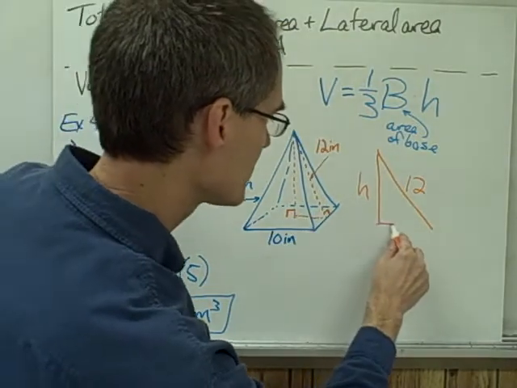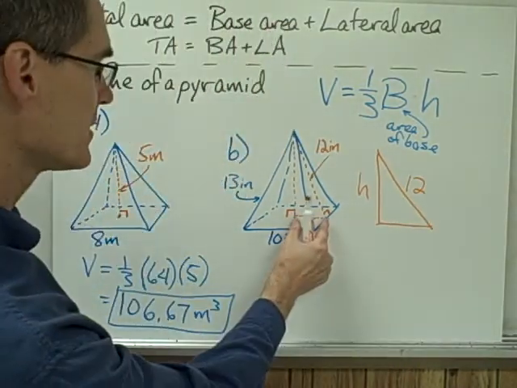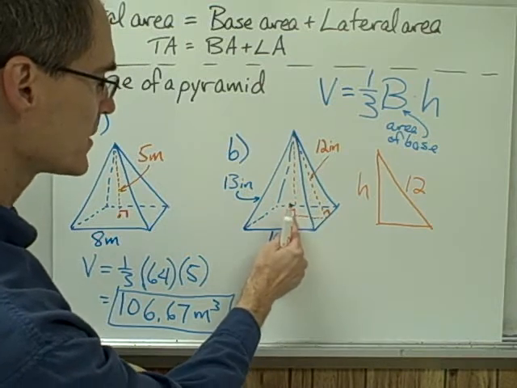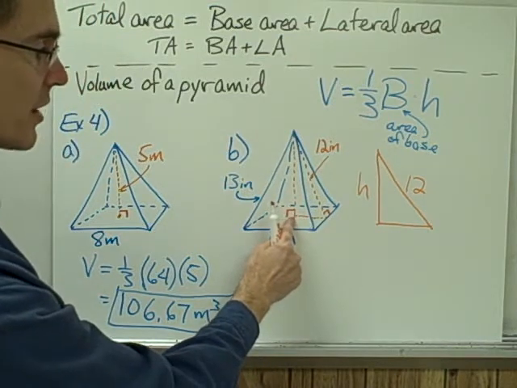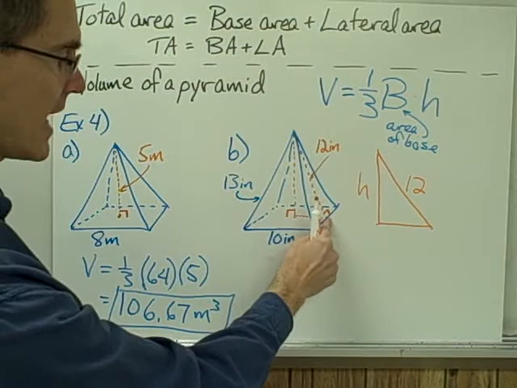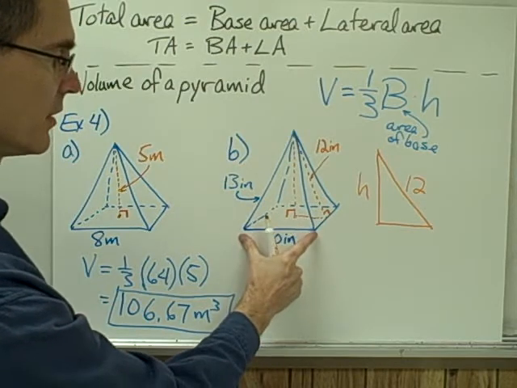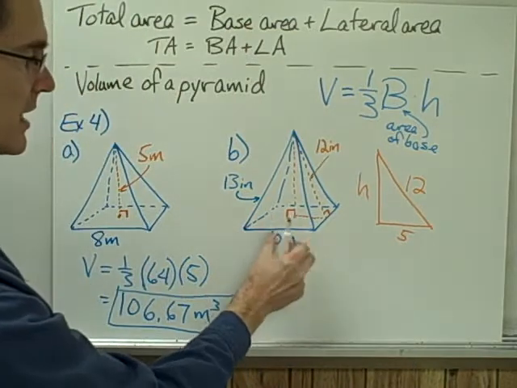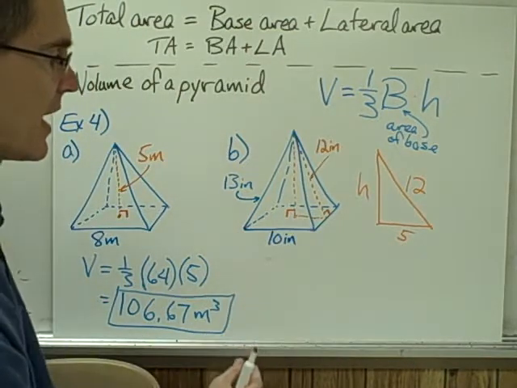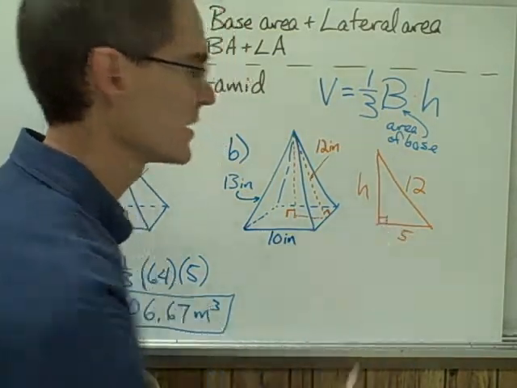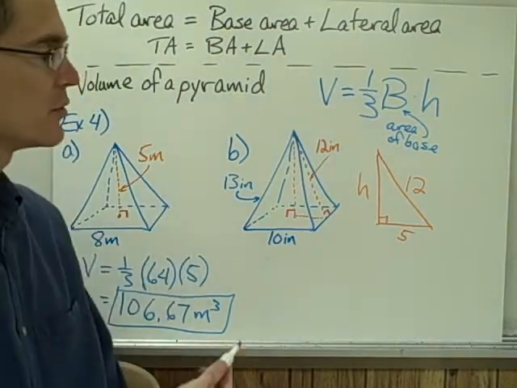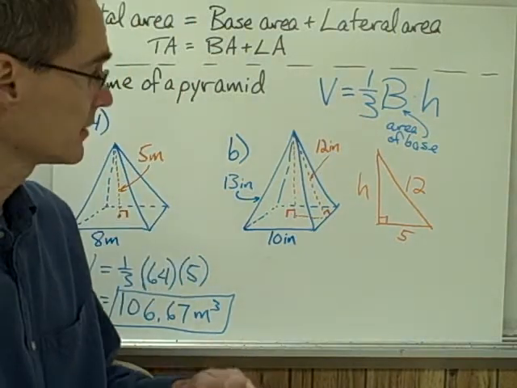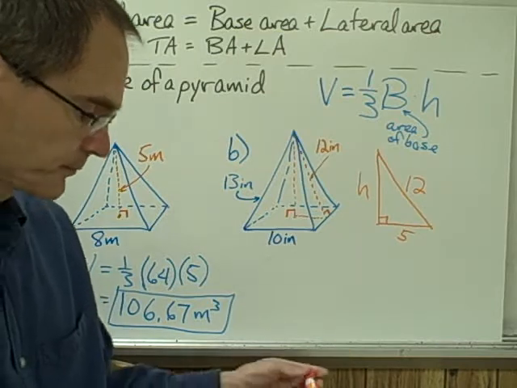And the other side of my triangle is going to be this distance here. Well, this distance here is just the distance from the center of my base to the edge. That's going to be half of this whole edge length. So since that whole edge length is 10, I know that half of that distance is going to be 5. Well, once again, I have a right triangle, and I can use my Pythagorean theorem to calculate the value of h.